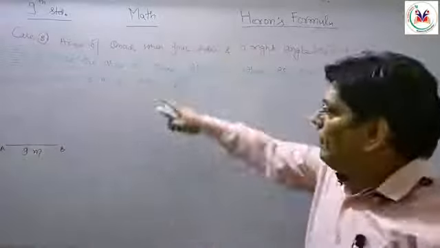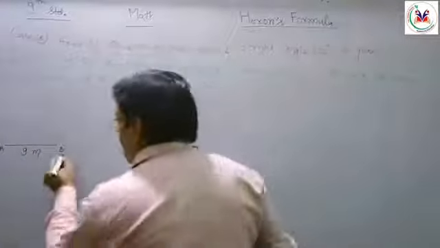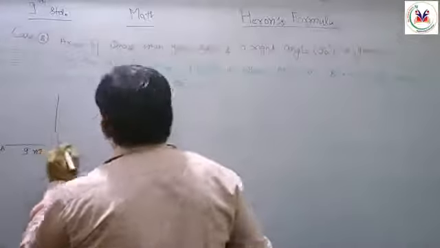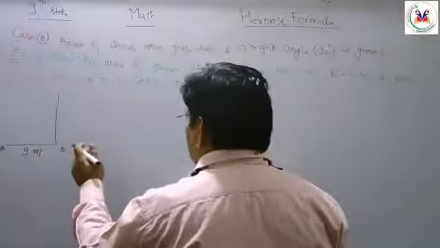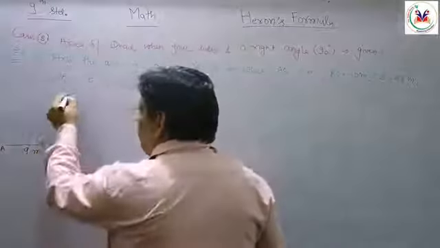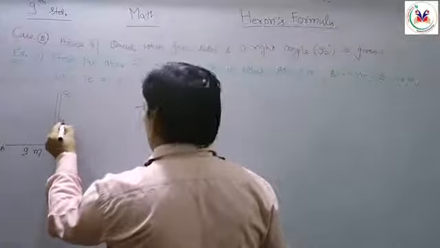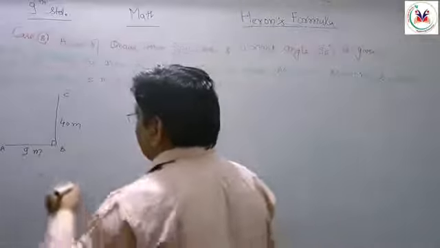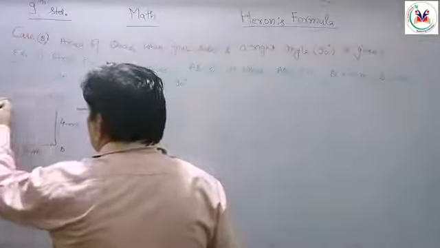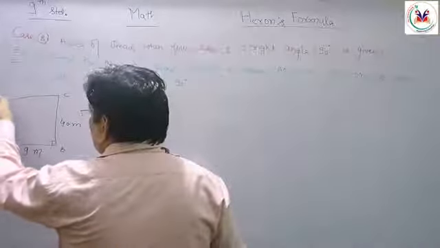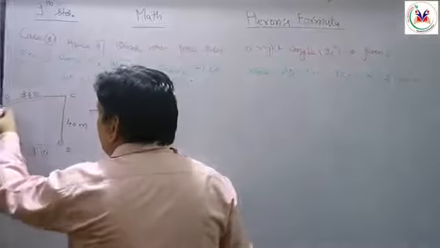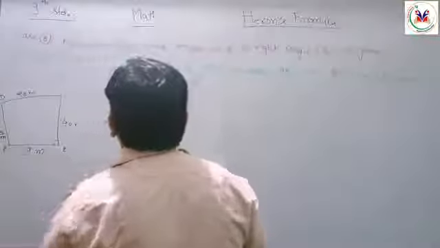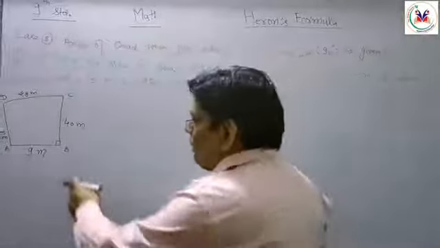Now angle B is 90 degrees, so we know very well that angle B will be straight, and that is BC, a right angle, BC 40 meter. Now CD is 28 meter, and DA is 15 meter, and angle ABC is a right angle.